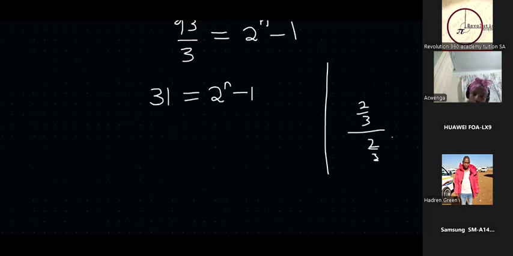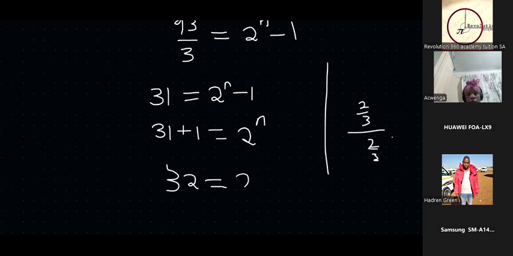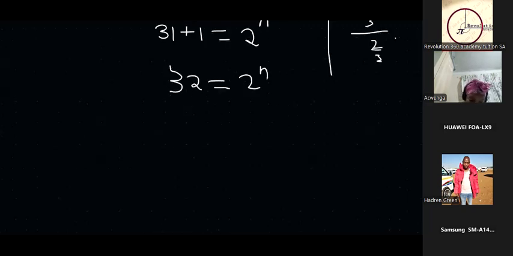Then it will be 31 plus 1 equals 2 to the exponent of n, which is 32. If you want to write it properly, write 2 to the power of n equals 32. And then you're going to change that 32 using the fishbone method, writing it with the base of 2.